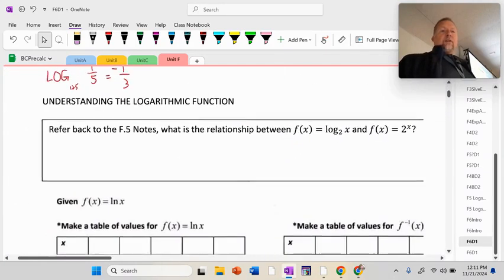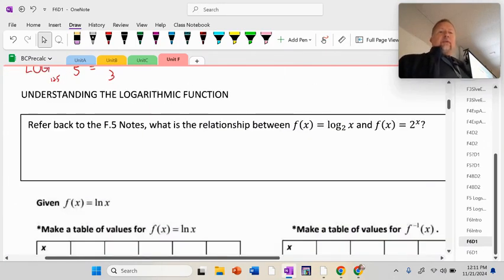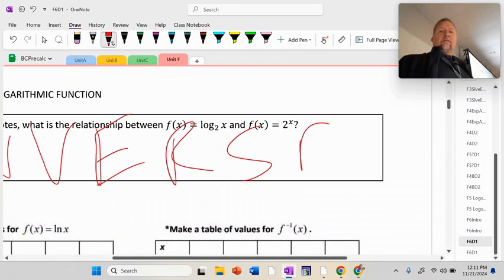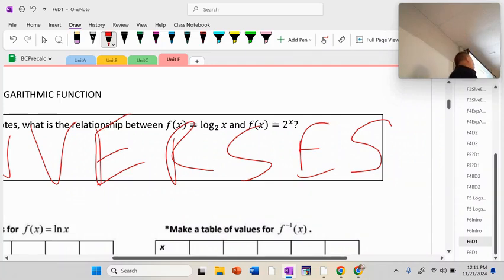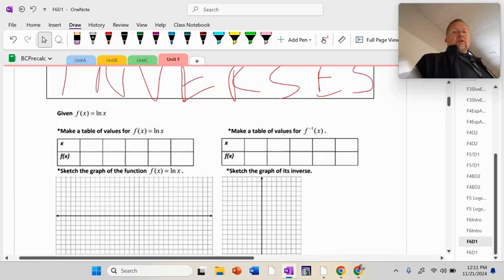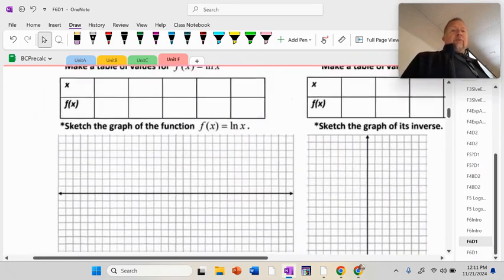Let's see if you can fit this word in here. What is the relationship between these two? Oh, I ran out of room. When I say inverse, you say domain and range exchange, input and output.